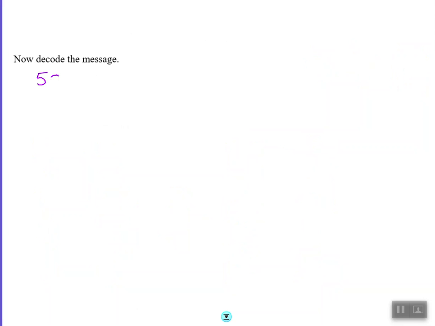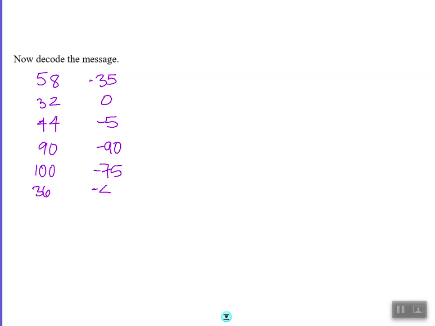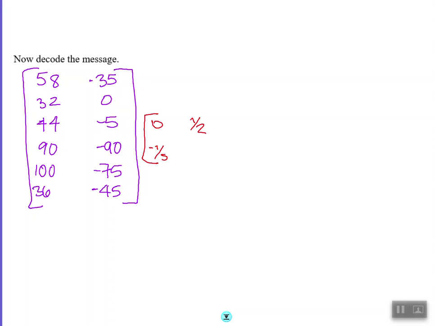So we have our secret message that you received, and you want to multiply this by the decoder matrix, which we said was 0, 1/2, -1/5, and 2/5.